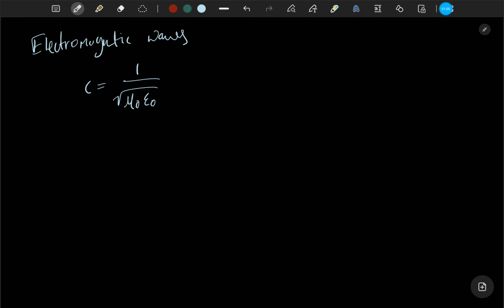So if light slows down from c to a smaller value, let's say c dash, then mu naught and epsilon naught have also changed, so that will become mu naught dash and epsilon naught dash, right?